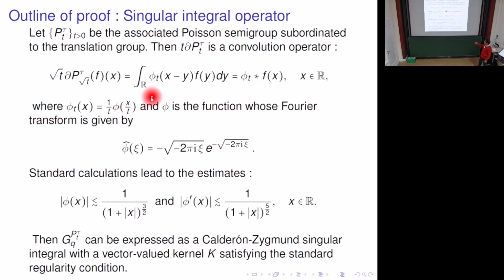Now the function phi is given by this; the Fourier transform of the function phi is given by this formula. Everything can be computed explicitly in this case for the translation semigroup.